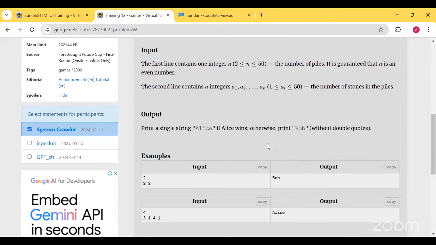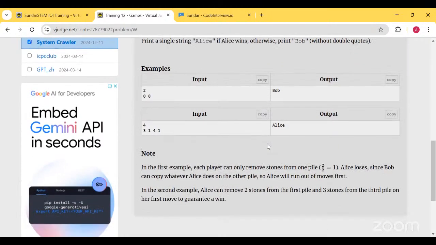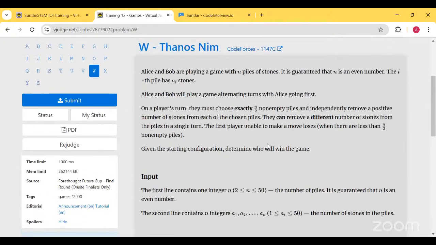This is just a name game, but we have to choose exactly n divided by 2 non-empty piles.